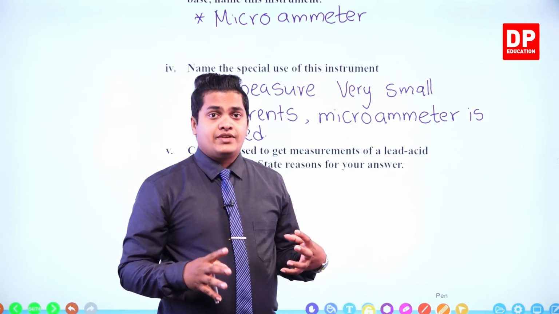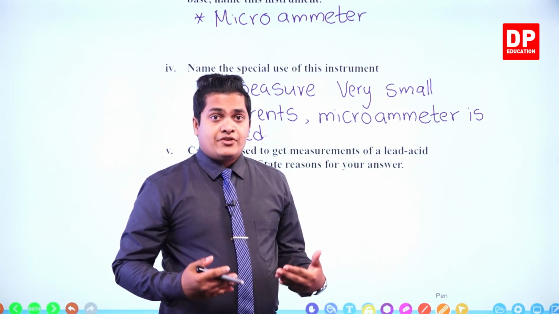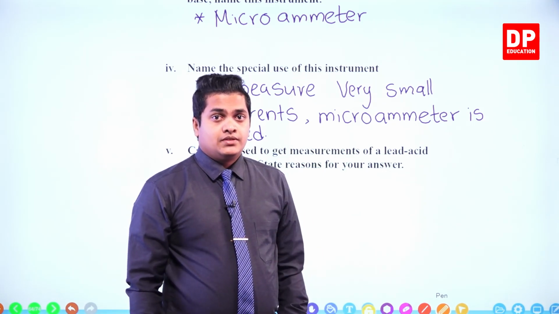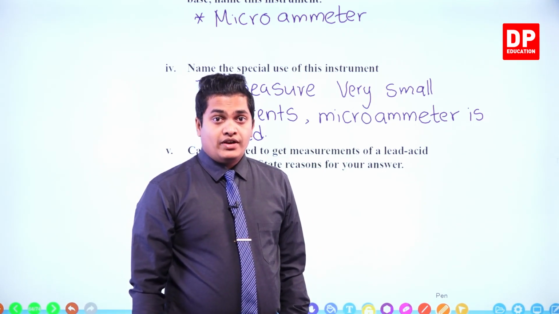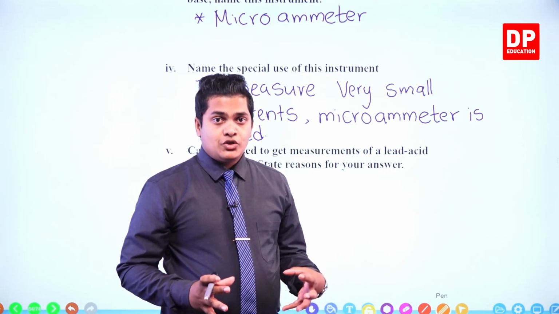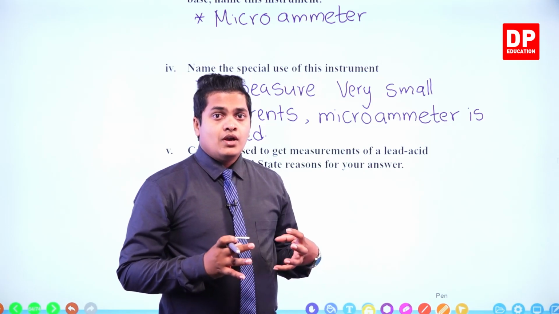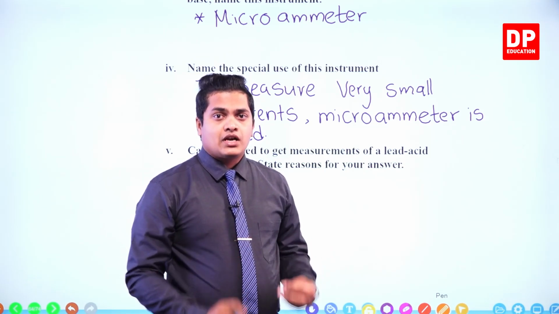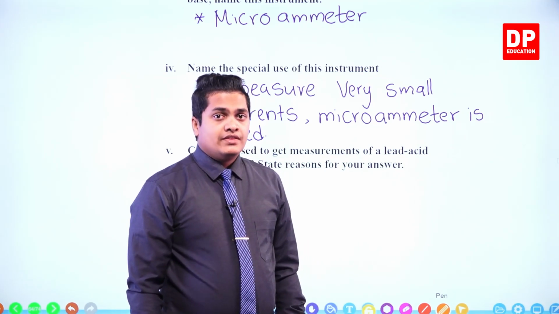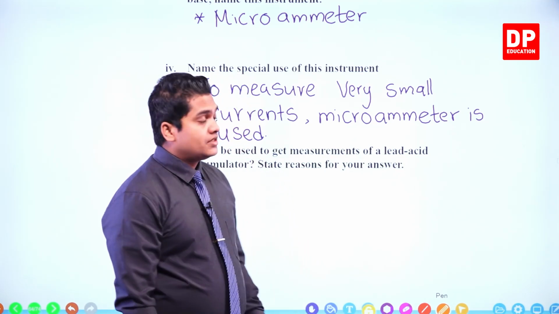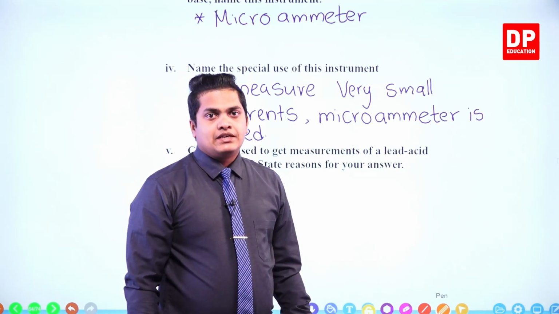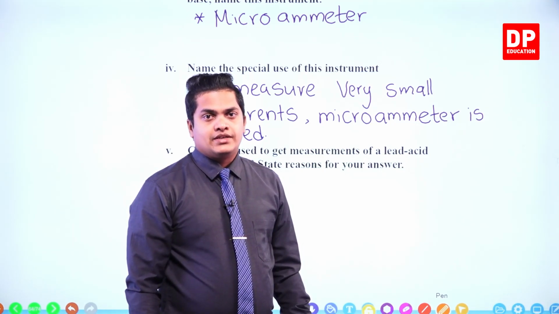Heavier batteries provide a large amount of electric current, so we can't use this microampere thing to measure it. Therefore, this microammeter cannot be used to get readings in a lead acid accumulator, my dear children.